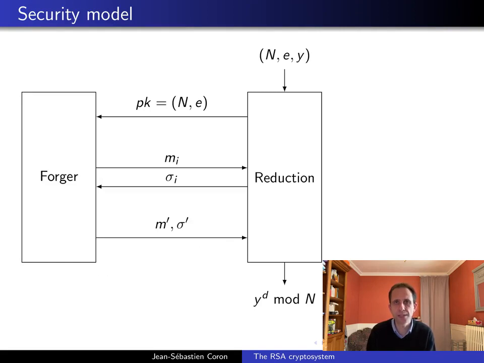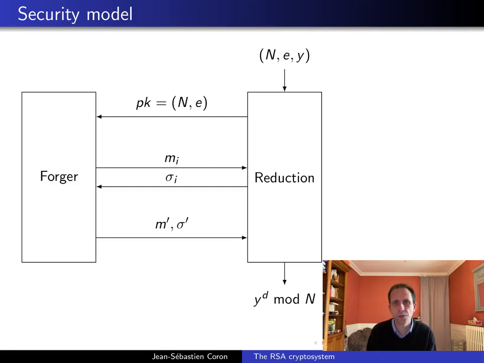So let me explain the security model in more detail. Initially, we have the reduction, our algorithm that receives as input the challenge of the RSA problem. It receives as input the modulus n, the public exponent e, and the challenge y. The goal of the reduction is to compute y^(1/d) modulo n.